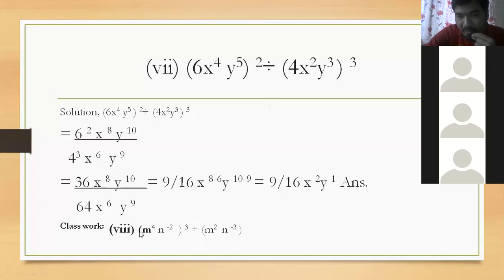First, remove the bracket of the upper one. What will be? M to the power 4 into 3 means what? 12. And minus 2. Sir, do it and show me. Okay, I am telling you, look here first. Minus 2 and 3, what will be? Sir, I don't understand. Okay. Now listen.